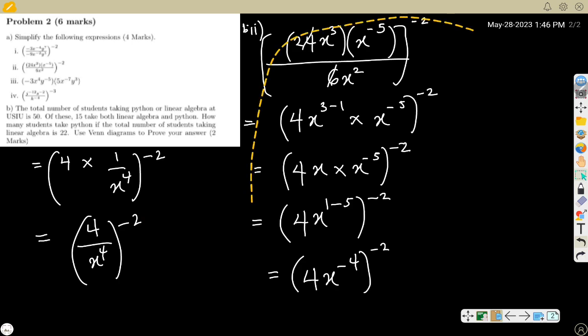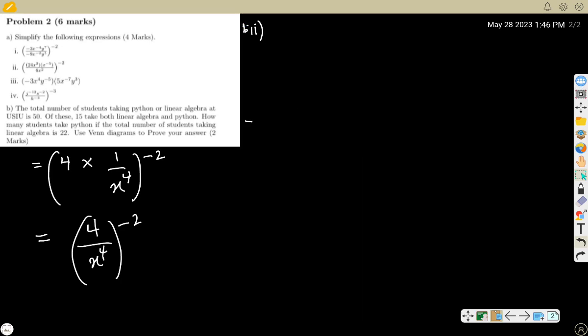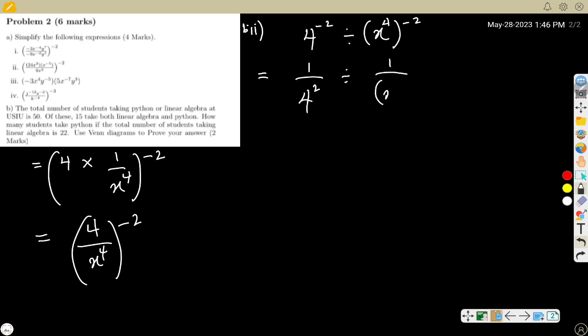So if we remove that power now, we have 4 raised to power minus 2 divided by s raised to power 4 raised to power minus 2. So this is 1 over 4 square divided by 1 over s raised to power 4 square.